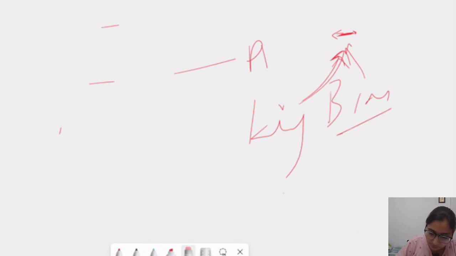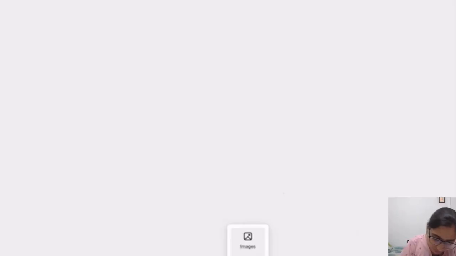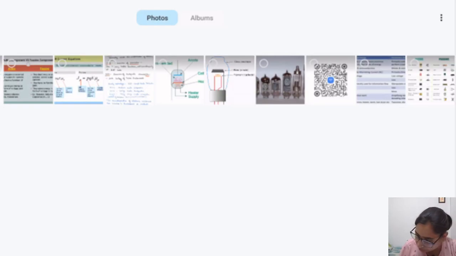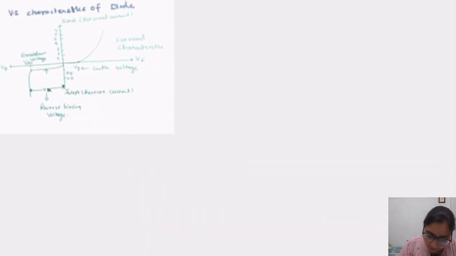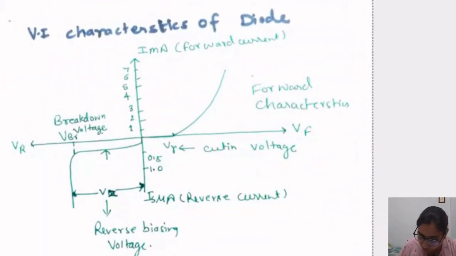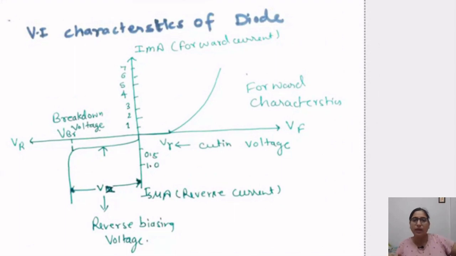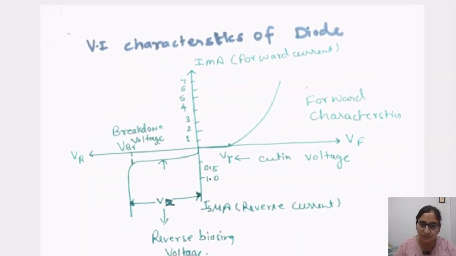Now, with the help of a diagram, I will show you the forward and reverse bias characteristics on a single page. These are the VI characteristics of forward and reverse bias of a practical diode.